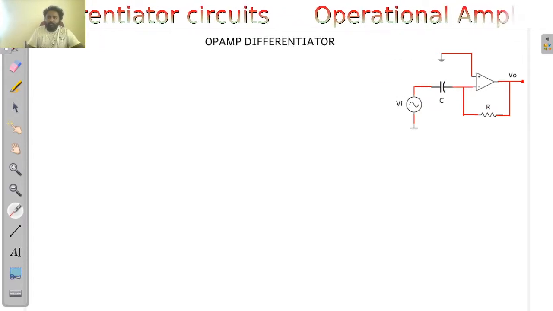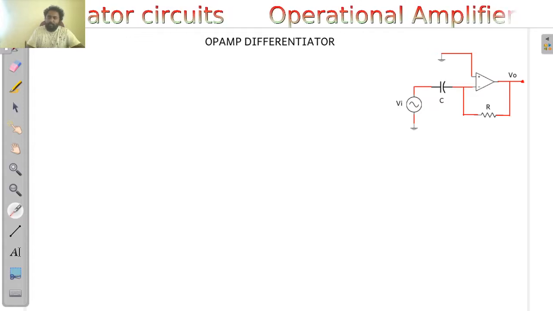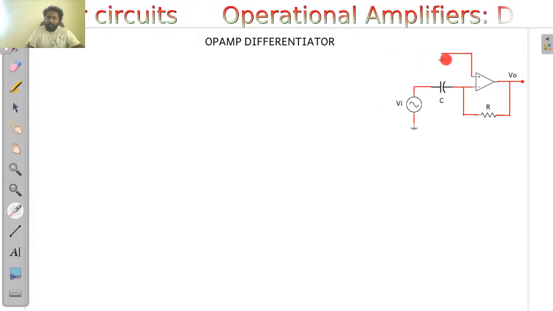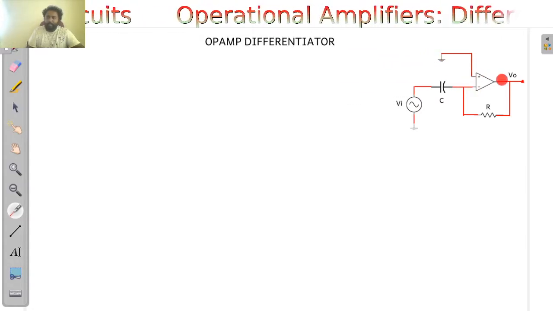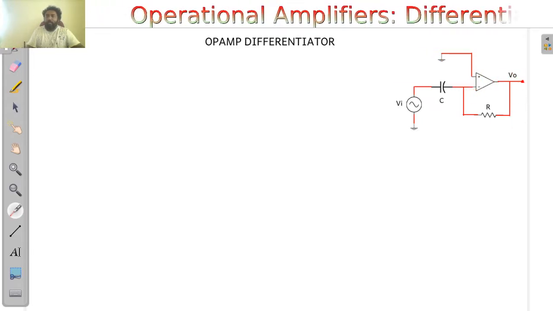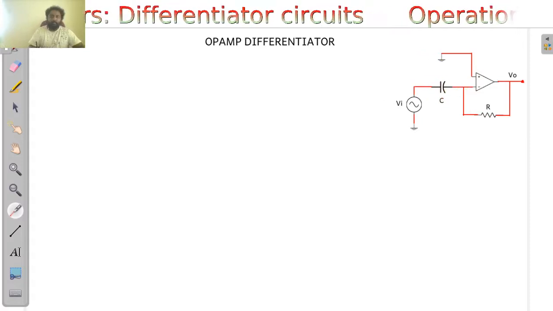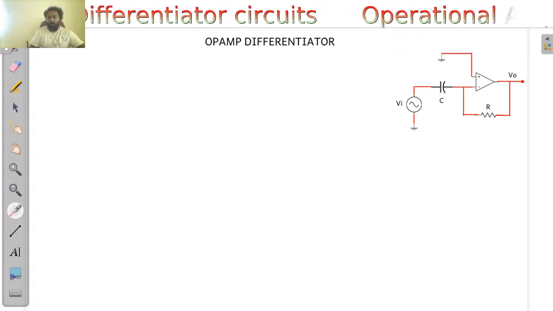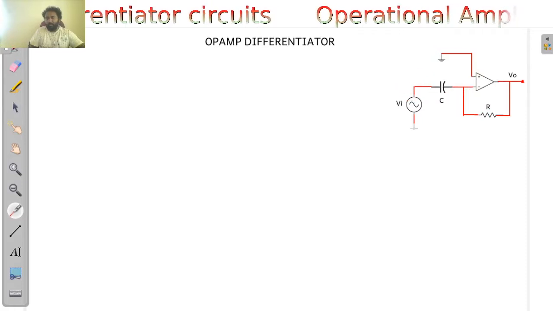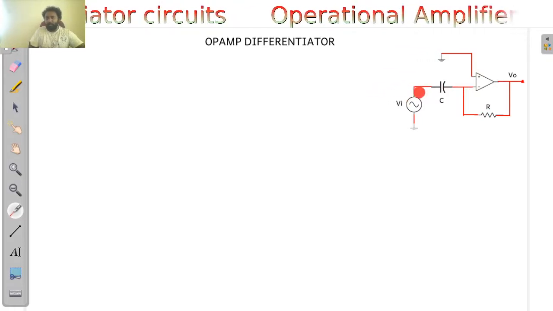Here also you can see that the virtual ground is connected virtually to the actual ground by the action of the operational amplifier, and the feedback is done through this resistance. There is a capacitor here. So let us see the current that flows from Vi through the capacitor.